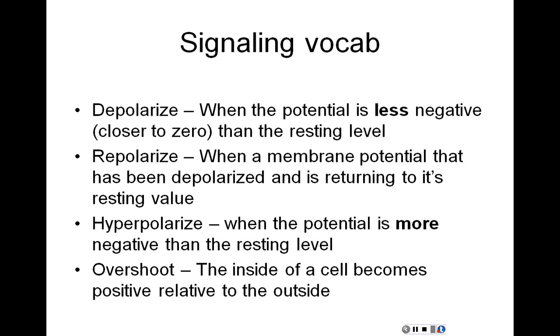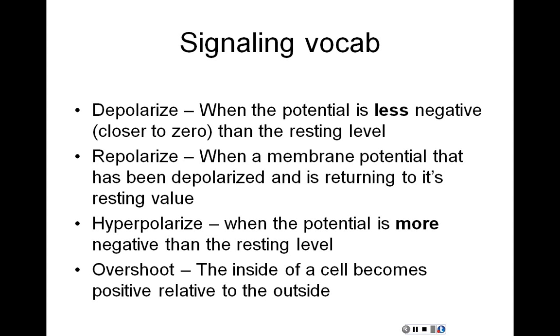Depolarize is when the potential in the cell is less negative than resting level. Resting level is -70, so if you become less negative, like -60, -50, -40, that's depolarizing. Repolarizing is when a membrane potential that has been depolarized returns to its resting value. If we went from -70 to -40 and came back to -70, we'd be repolarizing.